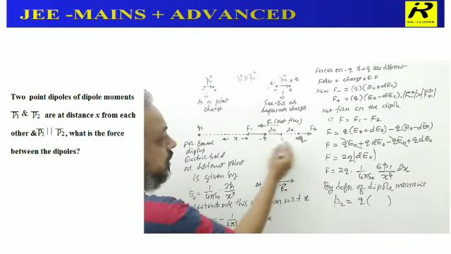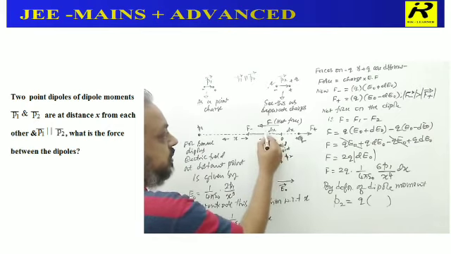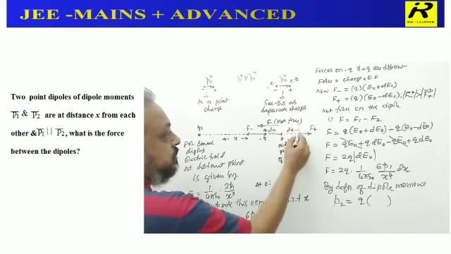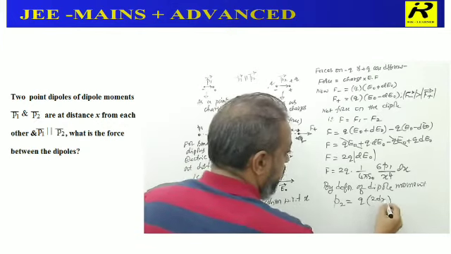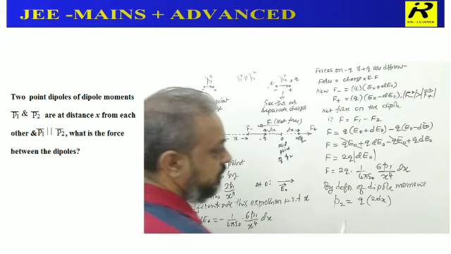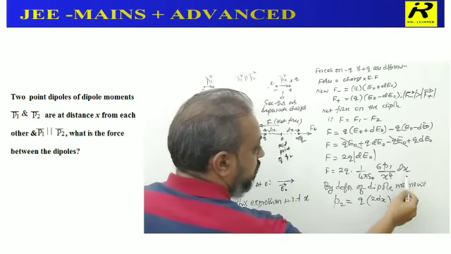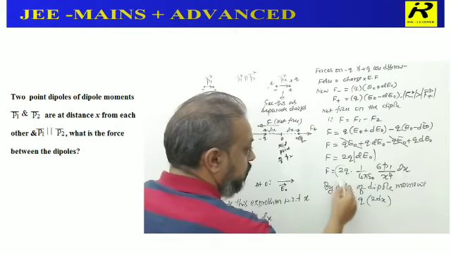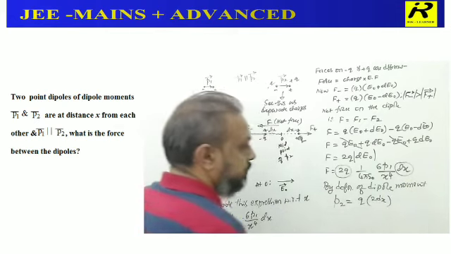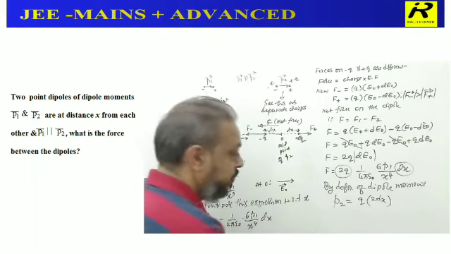The distance between the two charges is dx plus dx, so this total distance becomes 2 dx. Now, observe 2 dx into q. So, when they merge, they give P2.